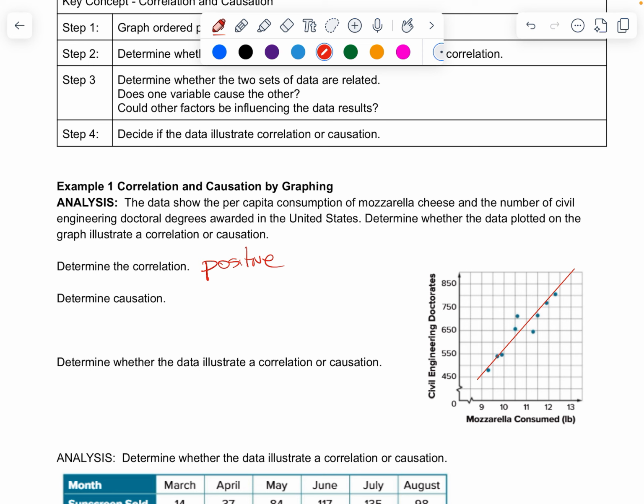Okay, now the consumption of mozzarella does not cause anybody to obtain a doctoral degree in engineering, okay? The amount of cheese doesn't cause anyone to get a degree.